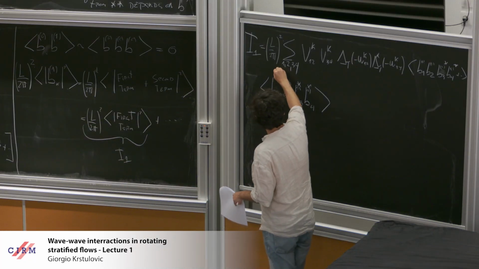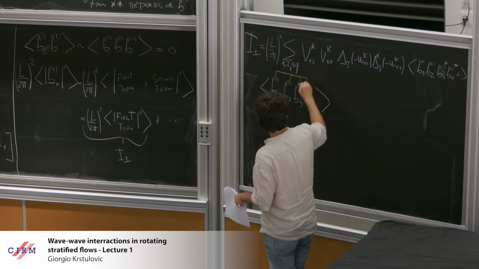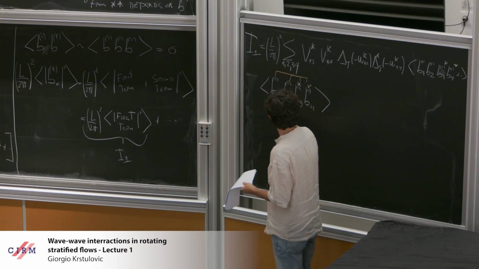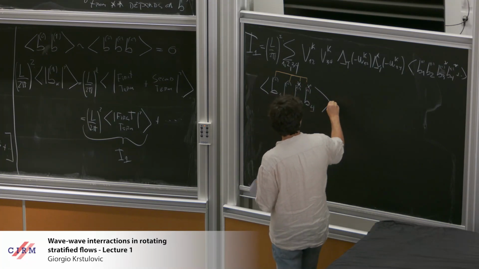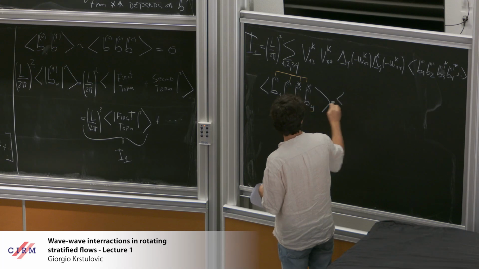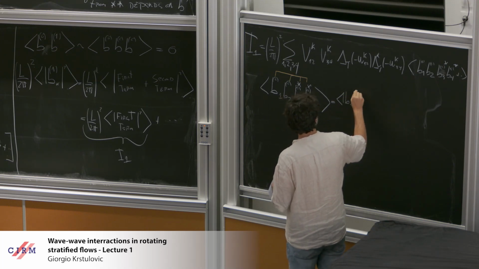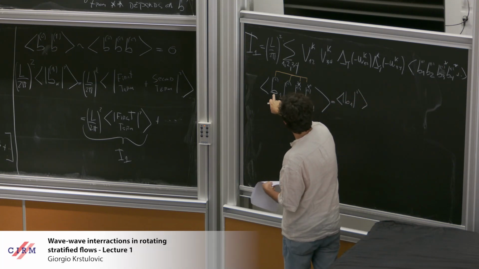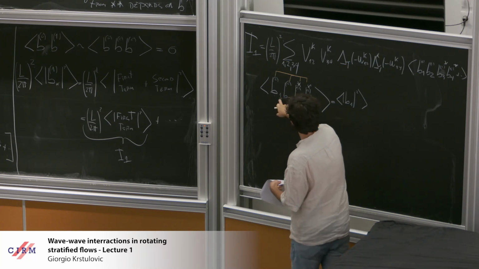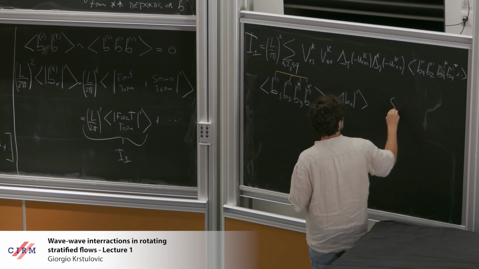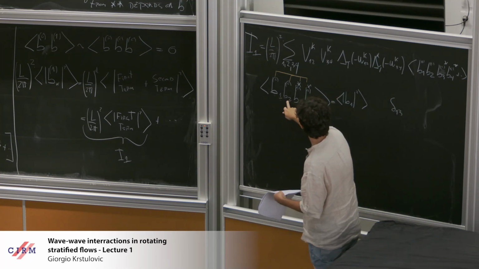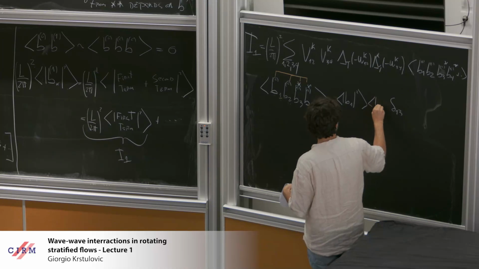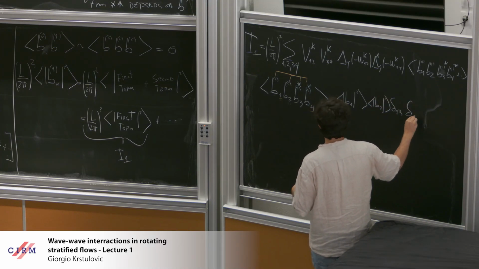So you need to contract, for instance, this with this, and this with this, and match the index of these two. So you will get, for instance, B1 square. When you match this one with this, B1, B3, but 1 has to be equal to 3. So you will have a delta 1, 3. And you multiply this, you match this with this, and then you get B2 square times delta 2, 4.